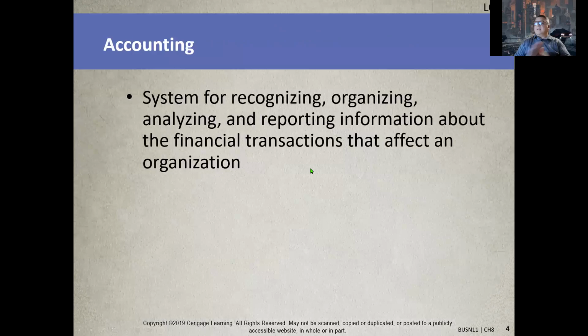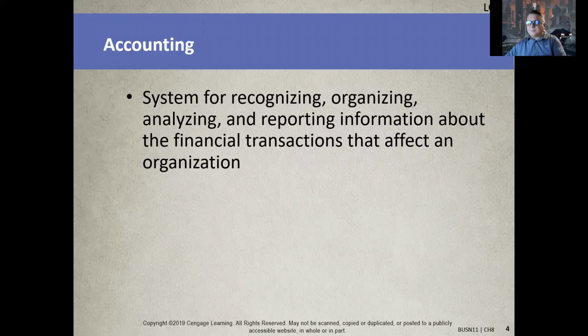Okay, accounting. And I'm going to have another definition here in a minute. It's a system for recognizing, organizing, analyzing, and reporting information about the financial transactions that affect an organization. Now, the tax code is super complicated. We'll talk about that in a minute. It would be much easier if there weren't so many governmental regulations, the tax code, write-offs, things of that nature.